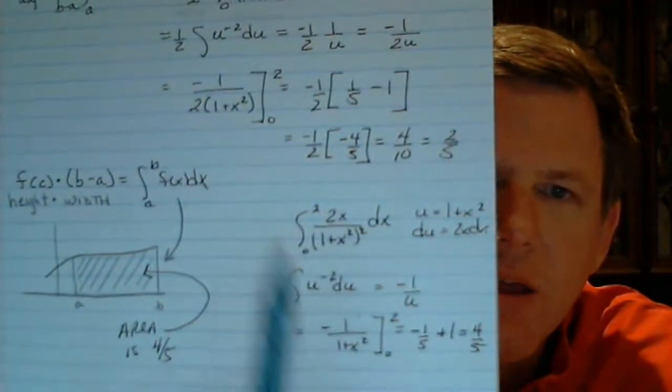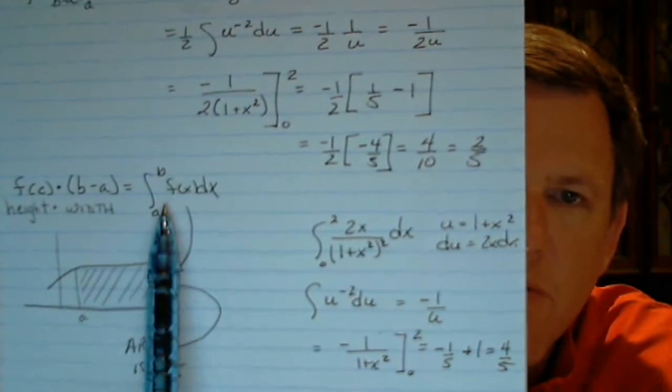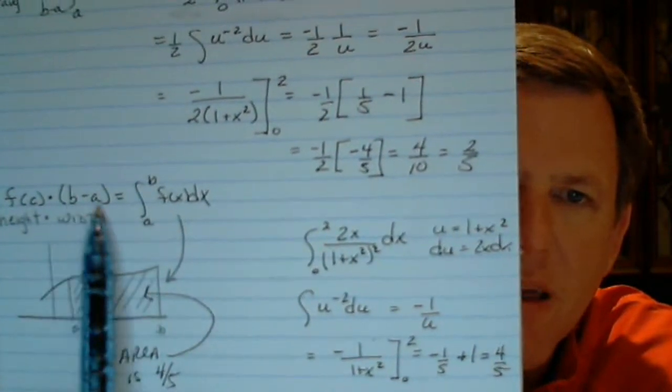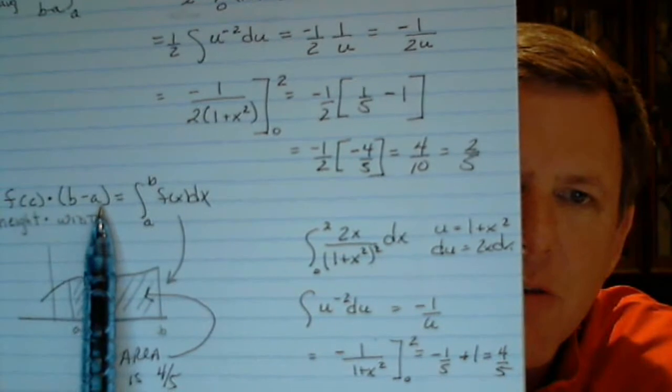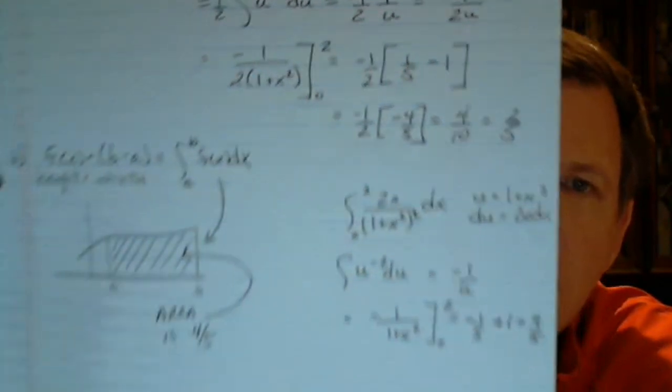Now, what they're asking us is, if this is 4/5, we know what b minus a is. B minus a is 2 minus 0. That's 2. So now, if you plug in what you know, you get an equation that looks like this. F of c, the thing we're looking for, we don't know what f of c is. F of c times 2 minus 0 is equal to 4/5.